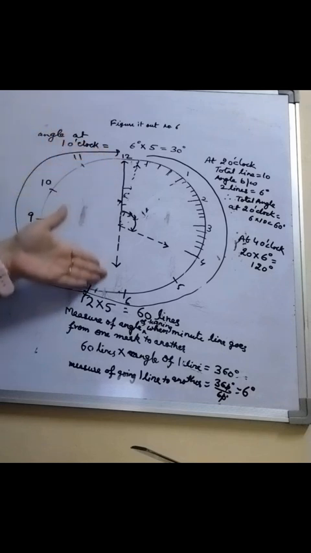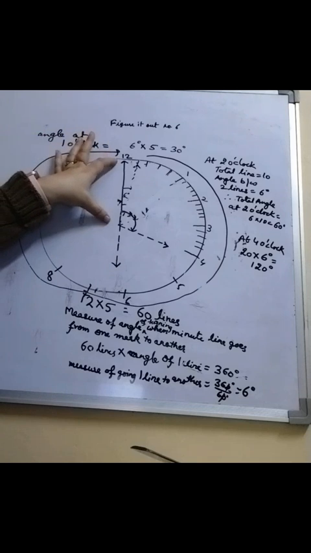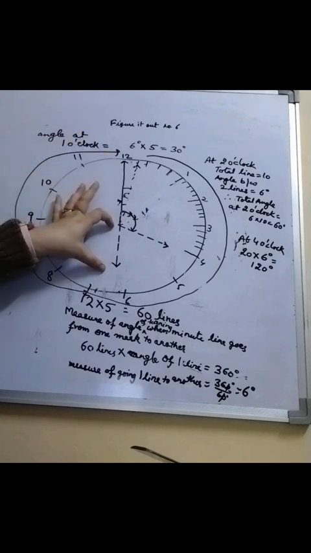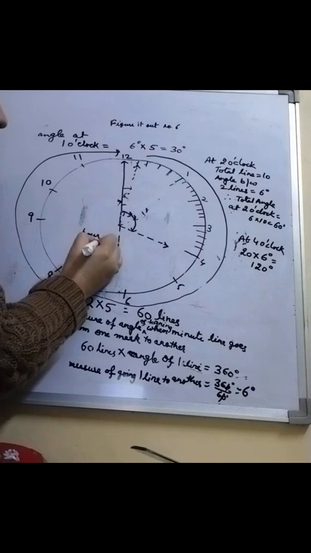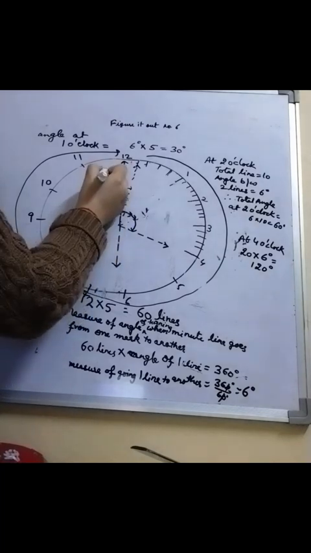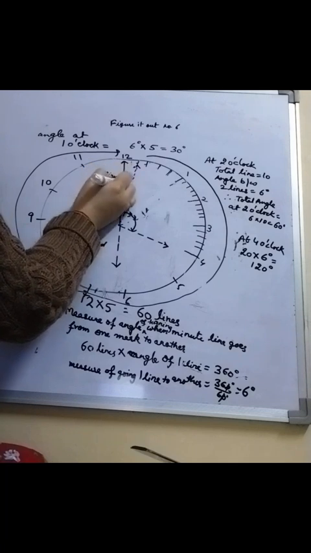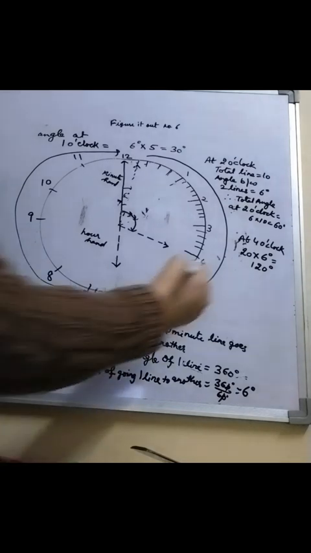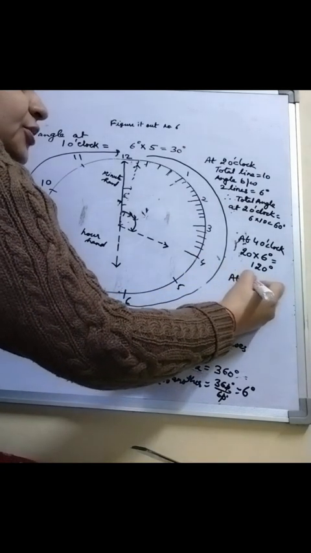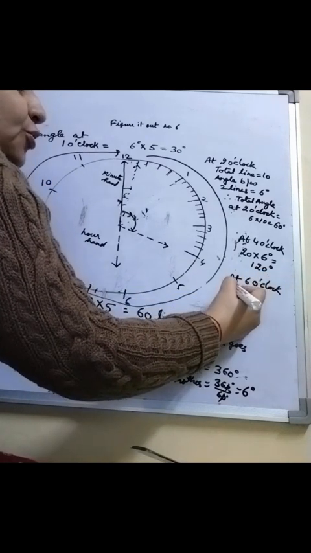This is a straight line now. One ray is the minute hand, this is your hour hand. So this is a straight angle. What is the measure of a straight angle? You get the straight angle as 180 degrees.